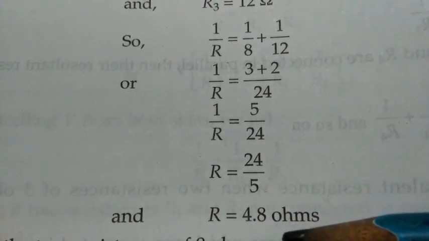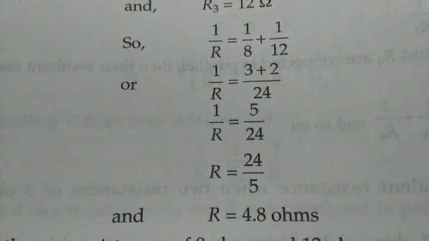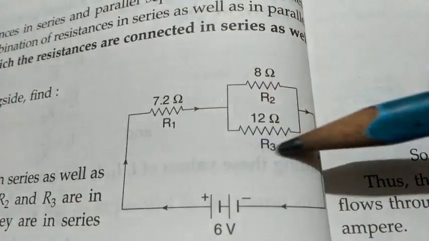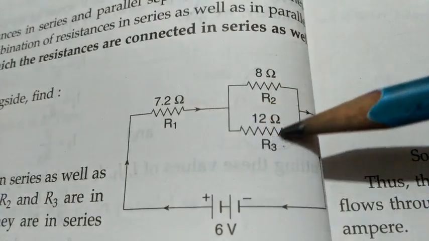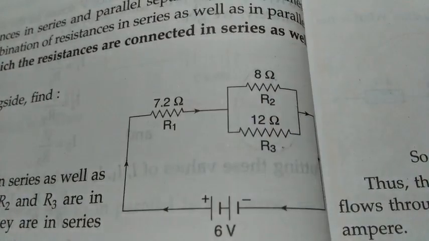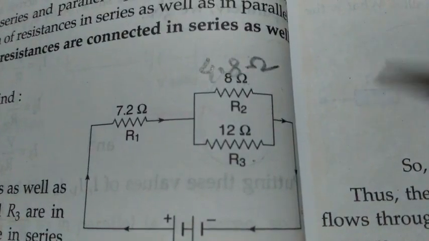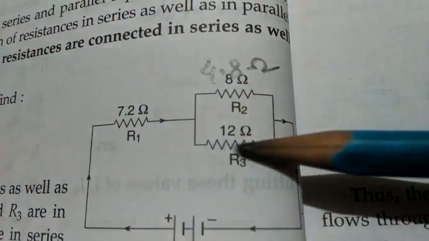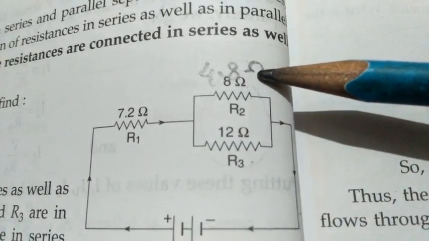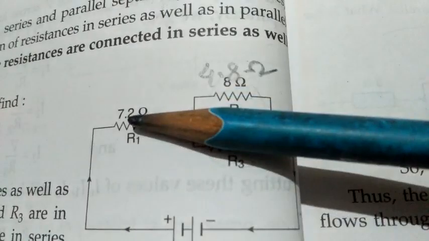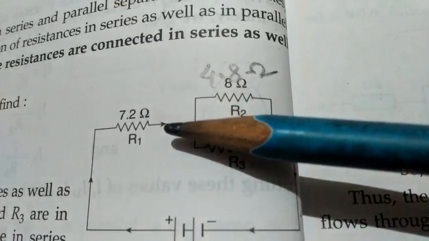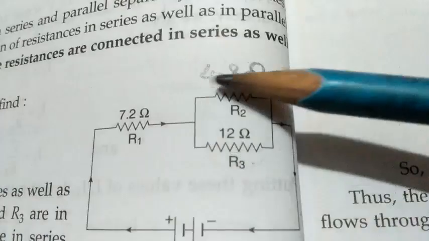Now we have solved that parallel circuit. Here you can see this circuit is the parallel one, and the overall resistance of this parallel circuit we have got is 4.8 ohms. Now this is connected to 7.2 ohm in series. That means 4.8 ohm is connected to 7.2 ohm in series combination. So to find the total resistance, we simply add this one and this one.